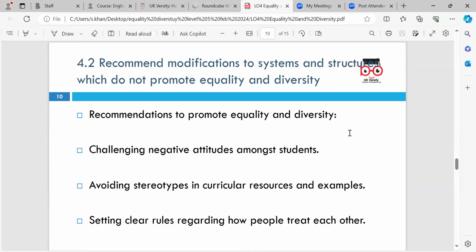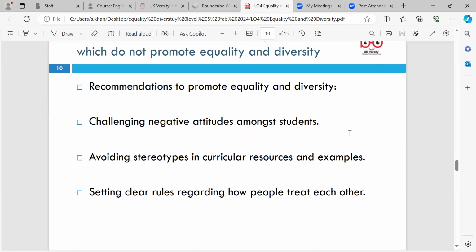4.2 is to recommend modifications to systems and structures which do not promote equality and diversity. Recommendations would be things like challenging negative attitudes among students, trying to provide positive attitudes, and avoiding stereotypes in curricular resources and examples. So avoid putting things in that will stereotype an individual or stereotype boys or girls, and try to move away from generalizing in examples and resources.